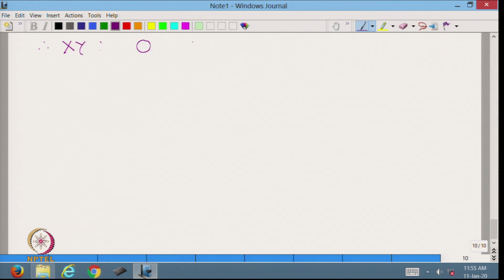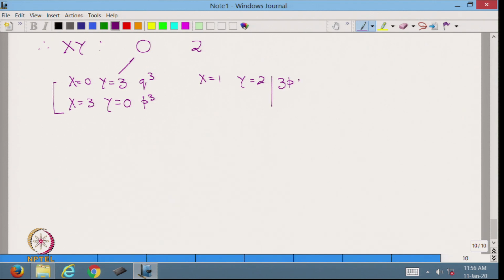0 or 2. 0 comes when X is equal to 0 and Y is equal to 3. This probability is q cube, and it can come when X is equal to 3 and Y is equal to 0. That probability is p cube. On the other hand, XY can be 2 if X is equal to 1 and Y is equal to 2, and that probability is 3pq square.